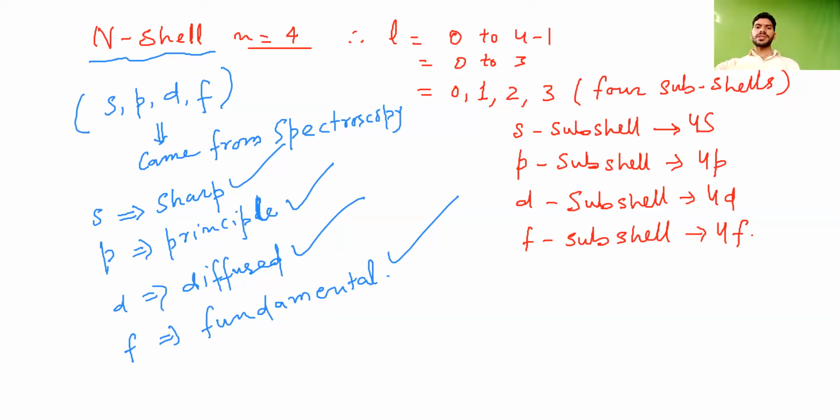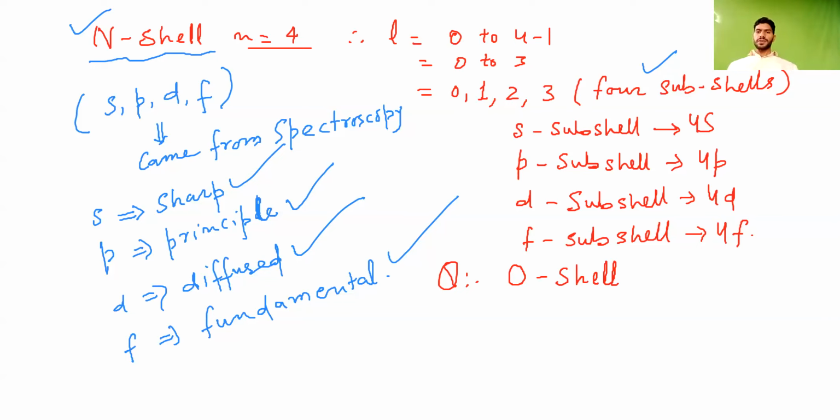Now we have seen that in the N shell there will be 4 subshells. Is it correct? Then, after N we have the O shell, right? Can anybody tell me how many subshells will be in the O shell? Just try it out and tell me the answer.